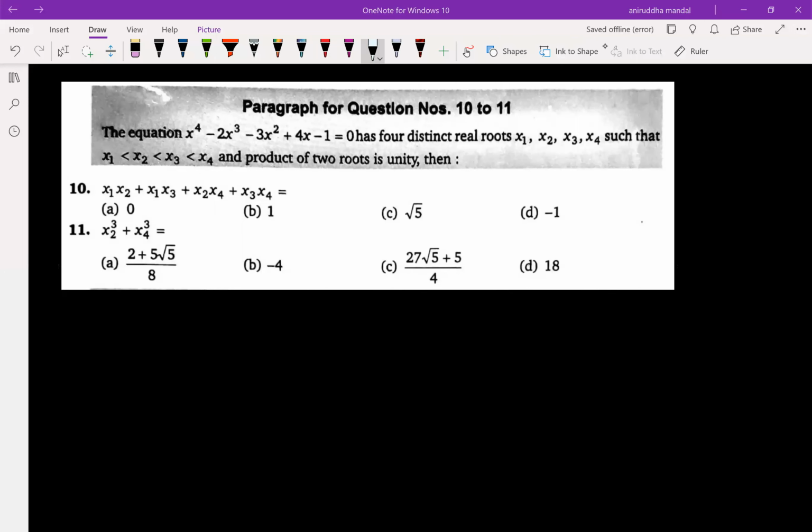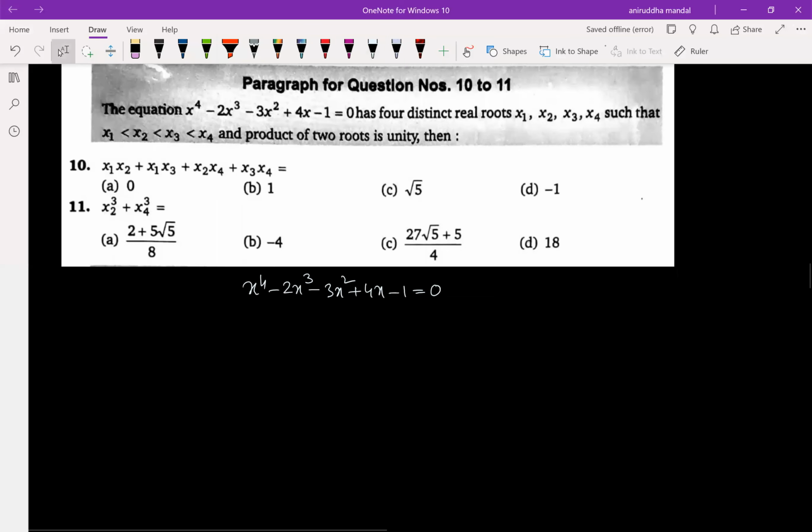Next question: a biquadratic equation is given, that is x to the power 4 minus 2x cube minus 3x square plus 4x minus 1 equal to 0. This has 4 distinct real roots, and another piece of information is that the product of two roots is unity.